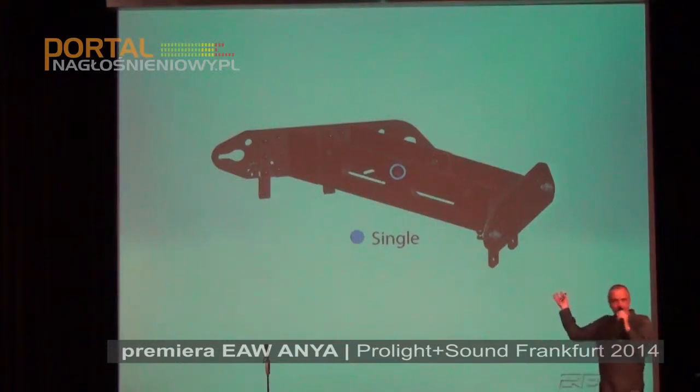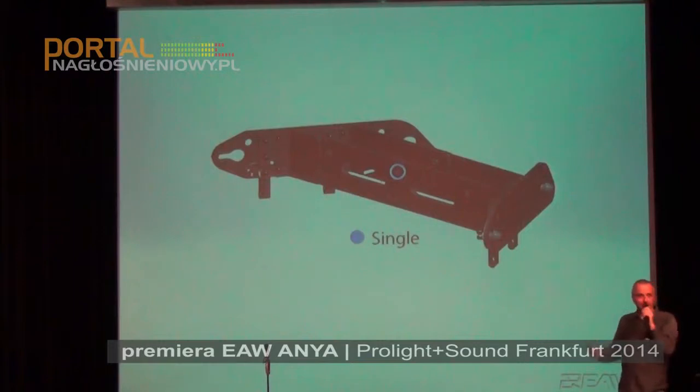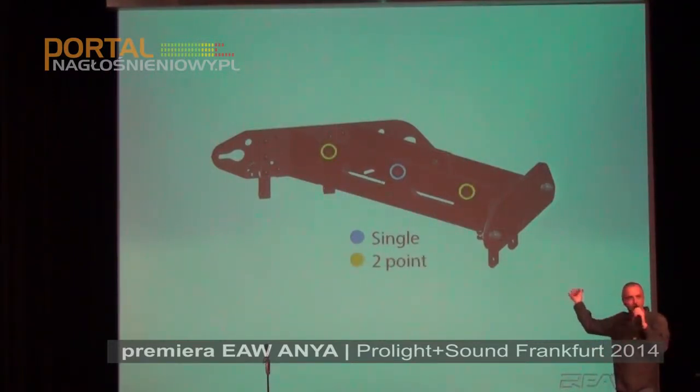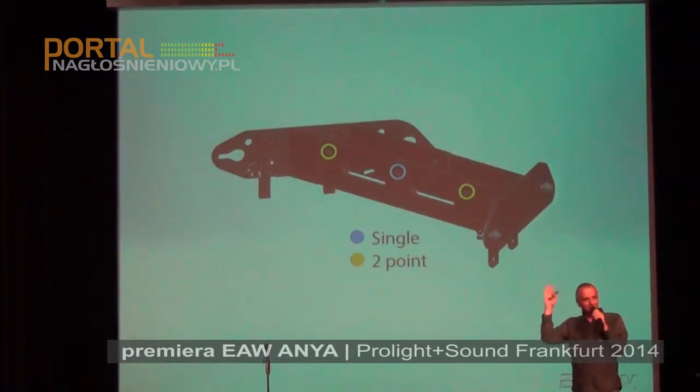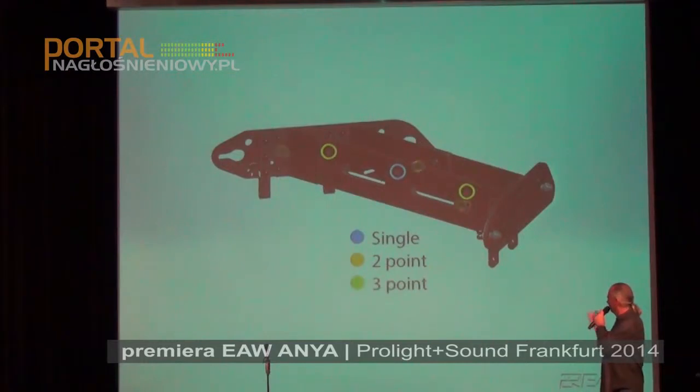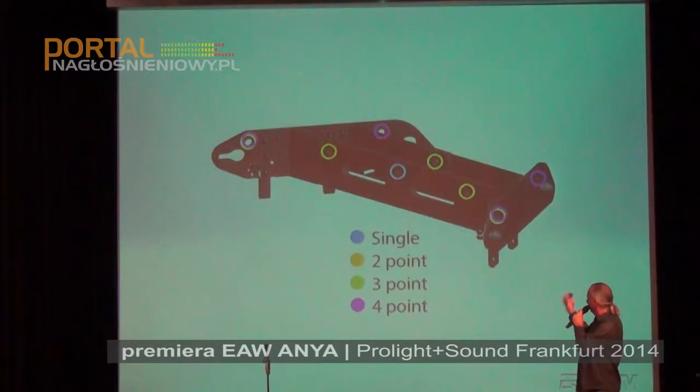Of course, you can hang the system with single motors in the center of the bumper. The array will hang completely straight. You may elect to use 2 motors, left and right. This is great for no spin. And in some rare instances, you may even need 3 or even 4 motor points. As I said, we've given you as many different options as we can.